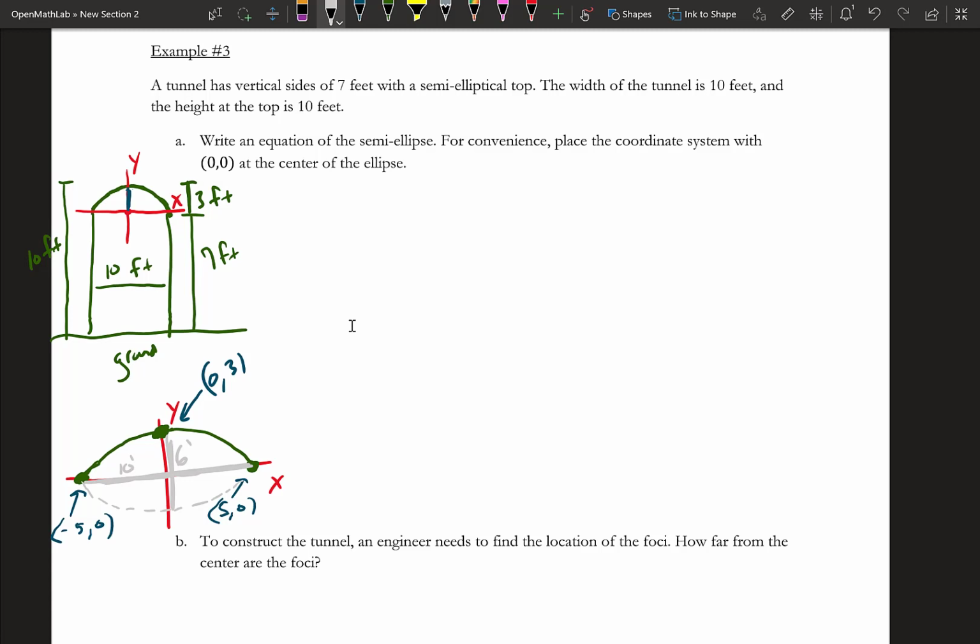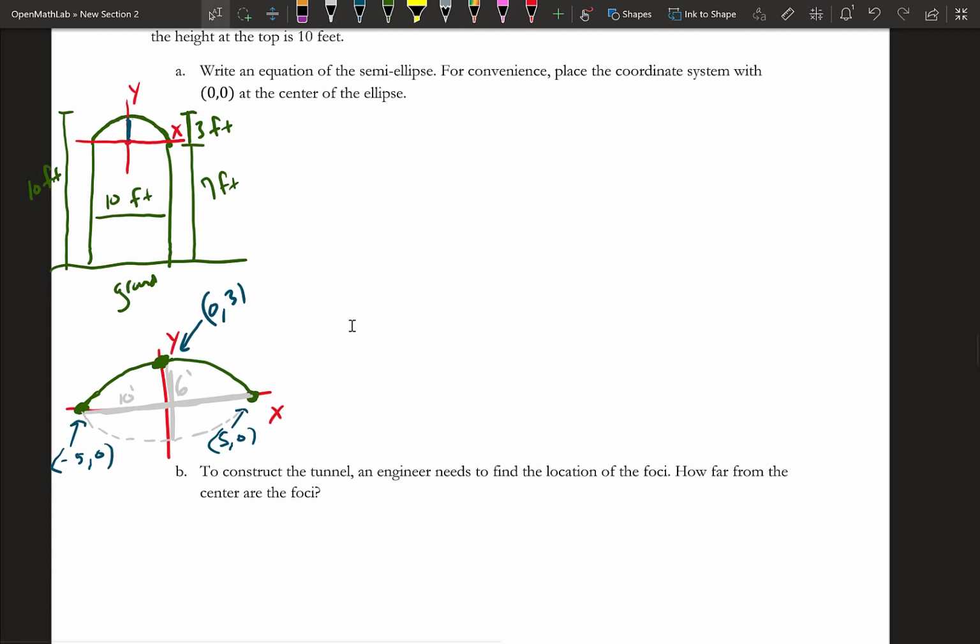So that's how we know, remember the major axis is always the longer axis, right? So what we can gather from this is, this would be 0, b in the form, so b is equal to 3, and then these points like 5, 0 and negative 5, 0, those would be in the form negative a, 0 and a, 0.